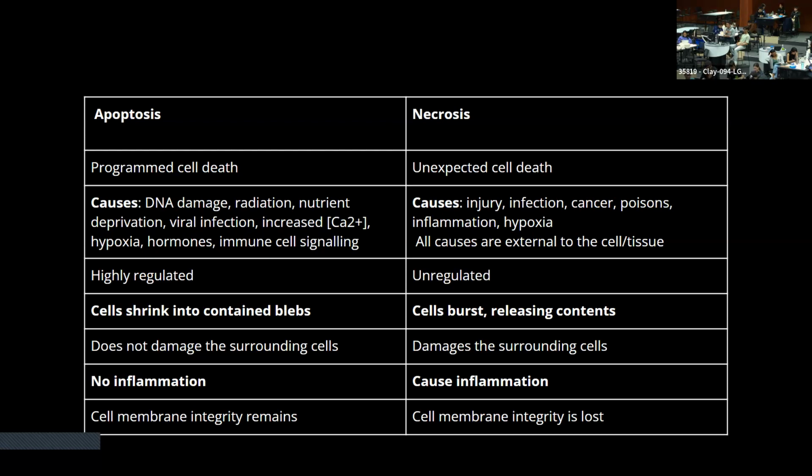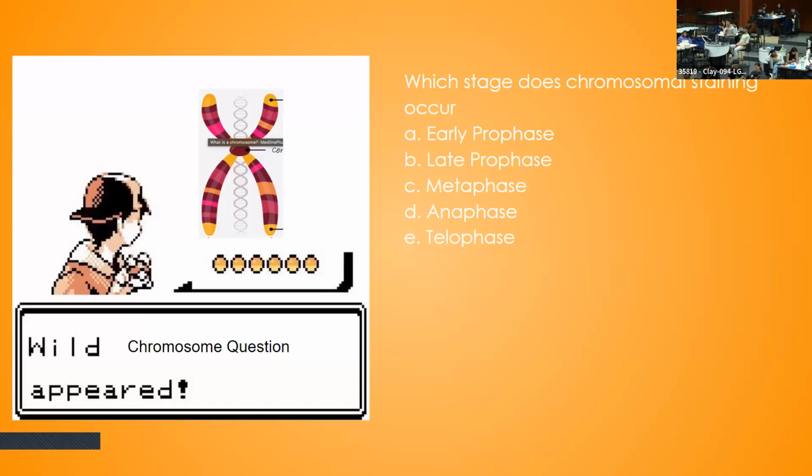And so that leads us to the next point in regards to damaging the surrounding cells. Last two points there: apoptosis causes no inflammation, which is good. Necrosis causes inflammation, which is bad. And with apoptosis, your cell membrane integrity remains, whereas with necrosis, that cell membrane integrity is lost.